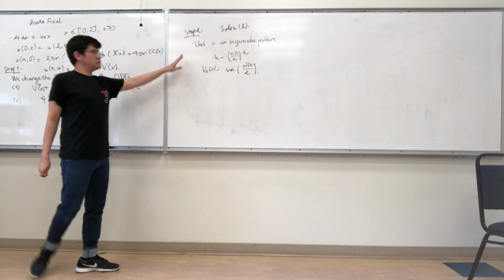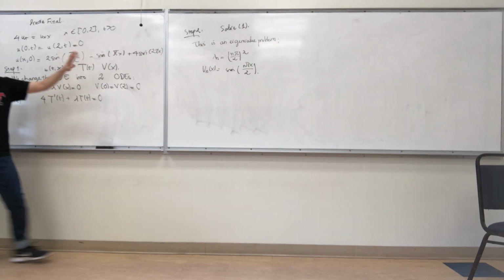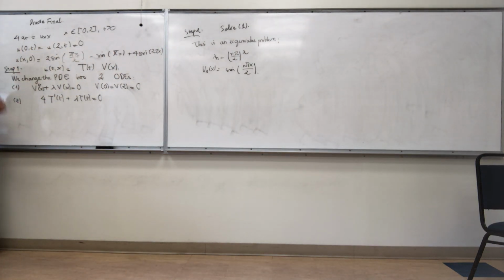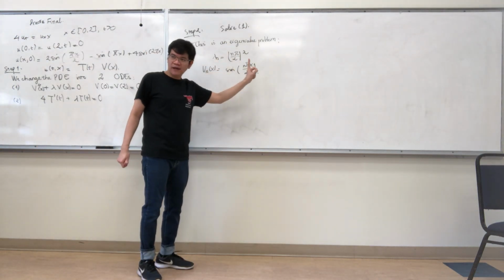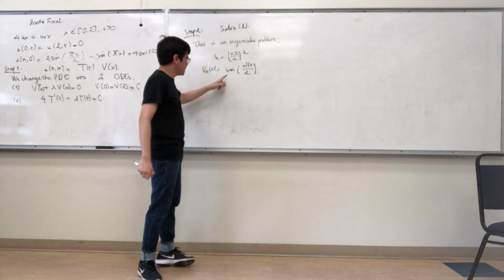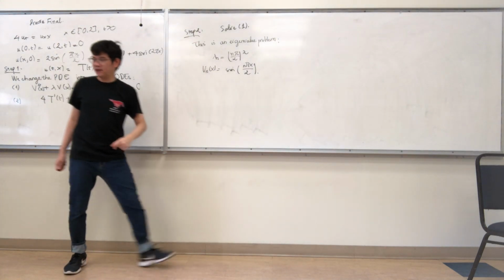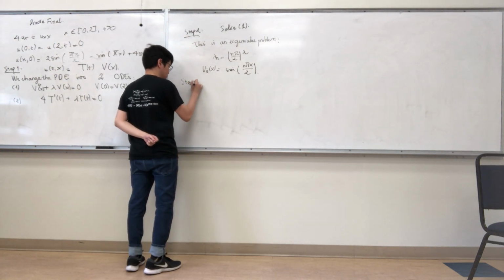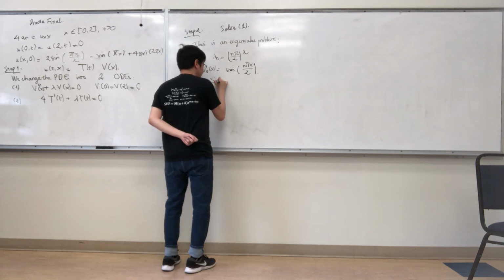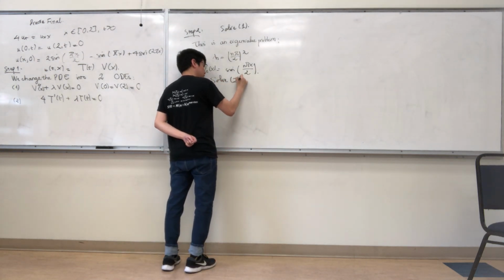Step number 1, you solve the first equation. When you solve the first equation, you obtain the eigenvalues and the eigenfunctions. The eigenvalue will be (nπ/2)², and the eigenfunctions will be sin(nπx/2). Step number 2, solve the second equation.